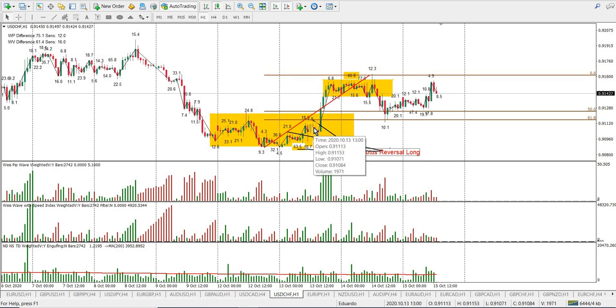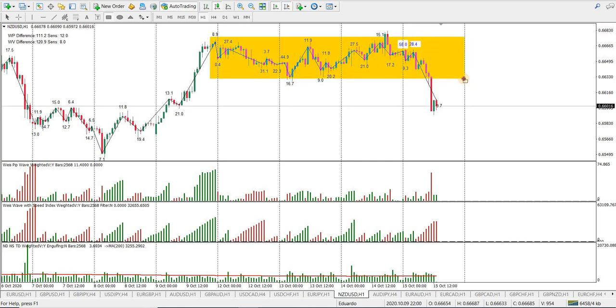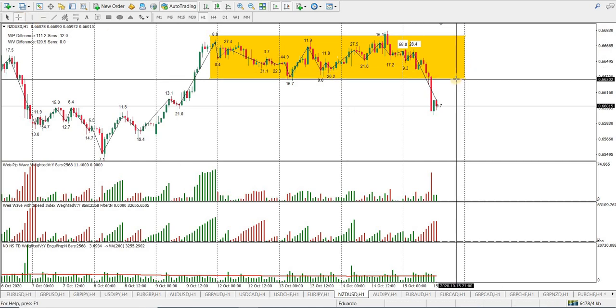Let's see another one. New Zealand USD. This happened as today as we speak. We are ranging again. And this is our range. Okay. Very nice. So this range is what? It's more like 50 pips.